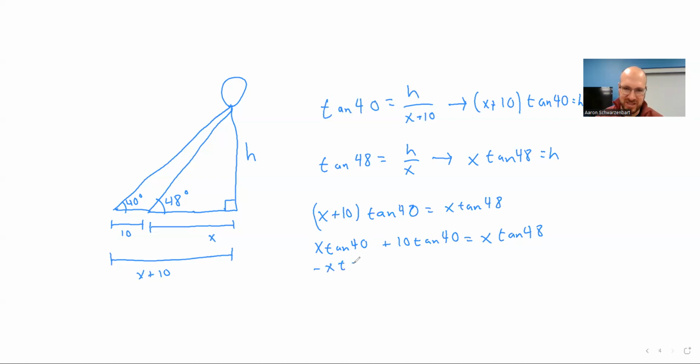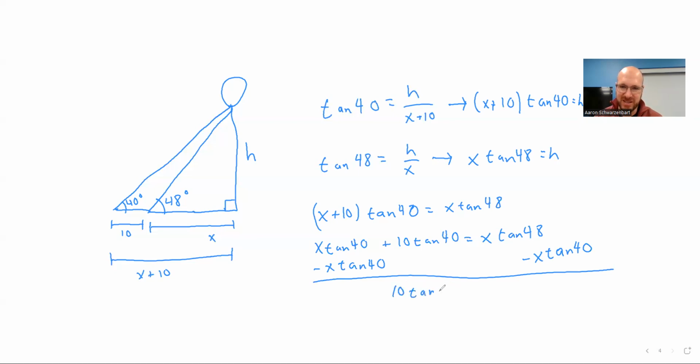So that means I subtract x tangent 40. I'm just using equation solving from Algebra 1 level or Integrated 1, depending on what you took. But it looks harder because it's x tangent 40 instead of 3x. But it's the same principle. Gather my x's together.